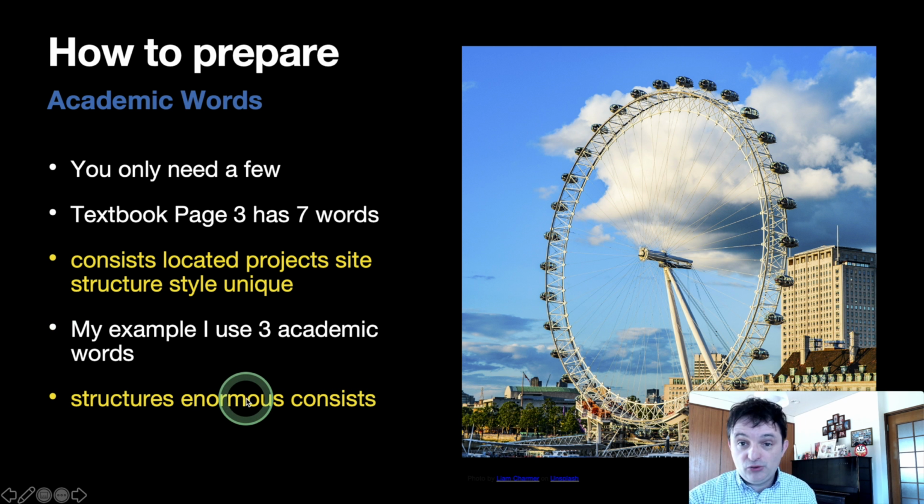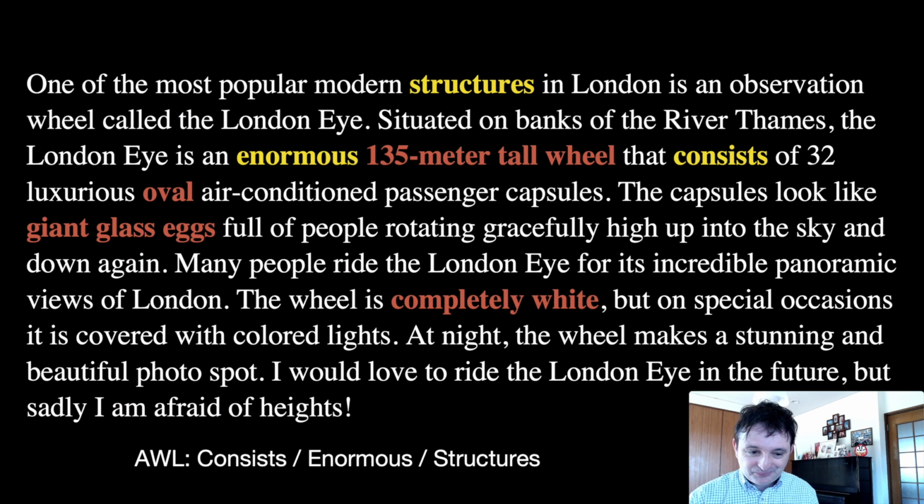One new word, enormous, is in the back of the textbook in the 3,000 word dictionary that you have. So there you have it. Academic words, you only need a few, and they add interest and depth to your writing. So at this point, you might want to stop the video and take a read of the paragraph that I wrote about the London Eye.